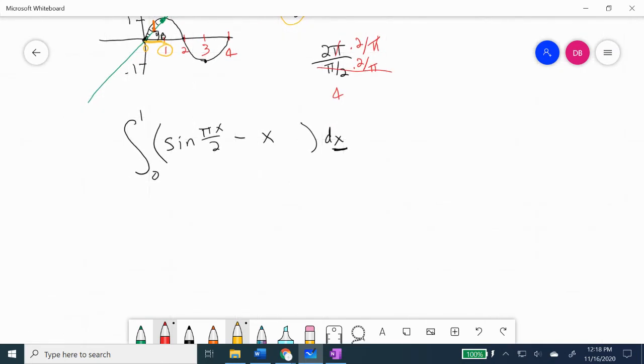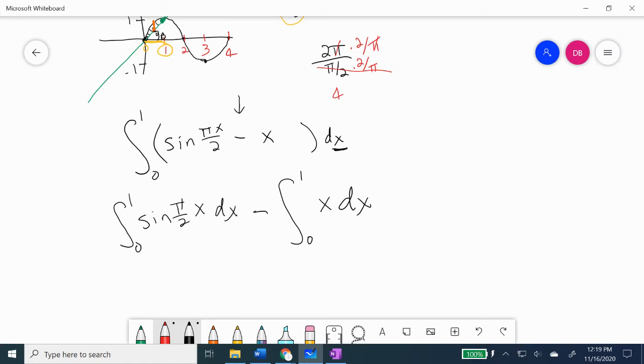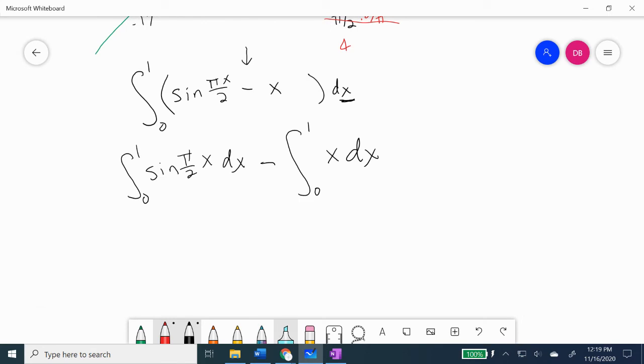Then to solve my integral, I can do the integration faster than I'm showing you right now, but I'm going to go slow. I can split this integral up over the subtraction. And I'm doing that because I need a u substitution for the first term, but I don't need to use it after the subtraction sign.